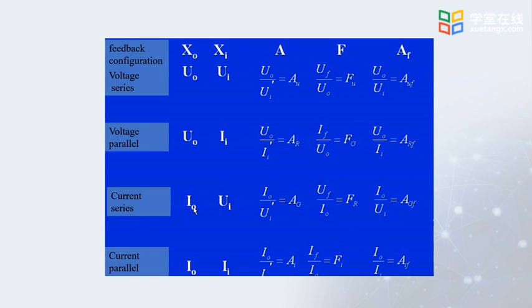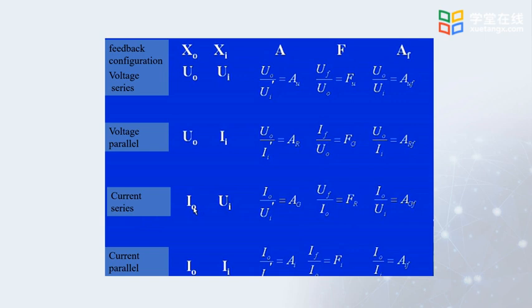For example, open loop gain. What is its net input signal? What is its output signal? If it is voltage series, its open loop gain is a comparison of voltage, so we use AV to represent it. There are a lot of changes in the subscripts: voltage gain, current gain. For current parallel, its open loop gain should be a current gain, let's say AI.